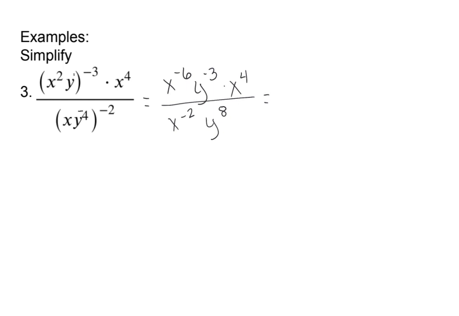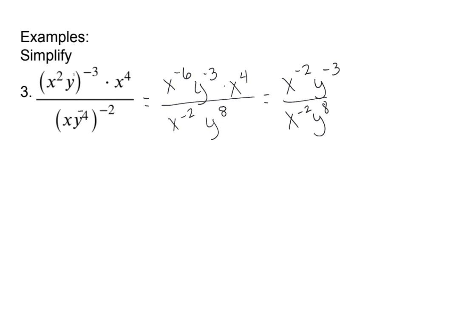There's still a lot going on, but you know what I'm seeing? Up top, I have this x and this x, and I could probably put them together fairly nicely. When we're multiplying, we add exponents. So I need to take negative 6 and 4 together to make negative 2. Everybody else is staying put for now.